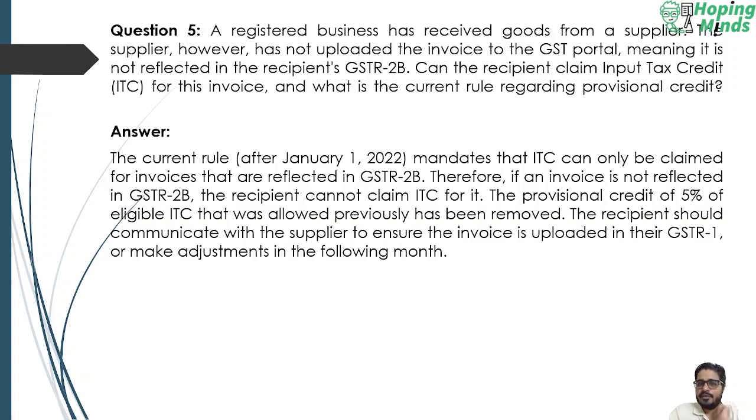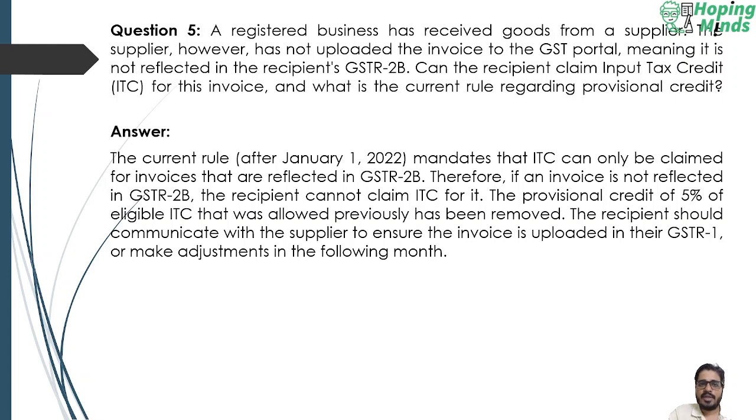So, if the supplier of goods or services fails to upload the invoice details in his GSTR1 return, then it will not reflect in the GSTR2B of the recipient. Due to this, he will not be able to claim the input tax credit against the said invoice.